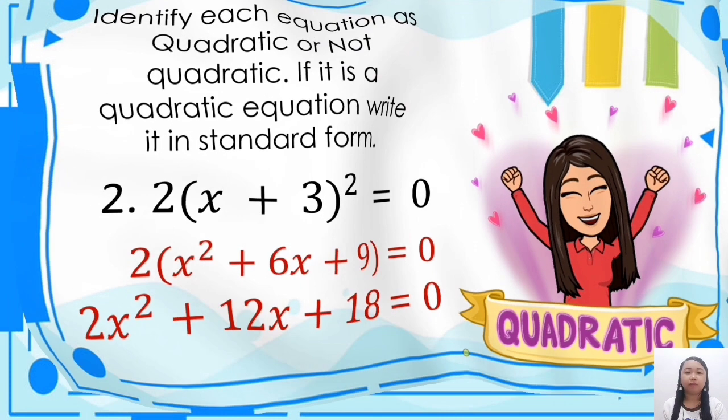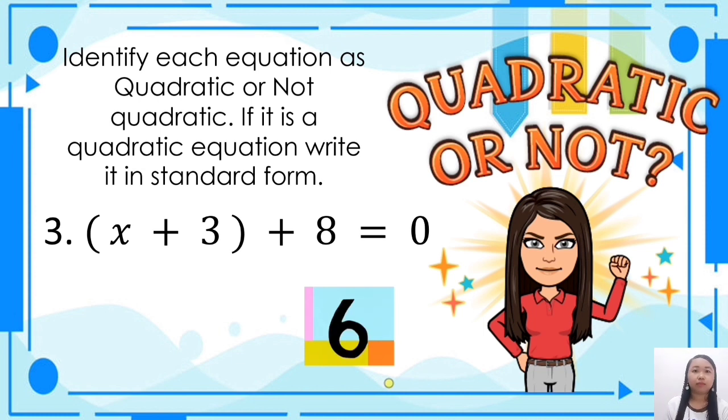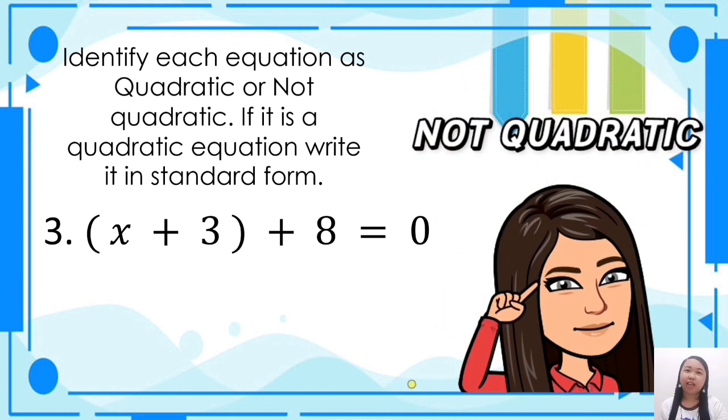Next, number 3. x plus 3 plus 8 equals 0. The answer is not quadratic.